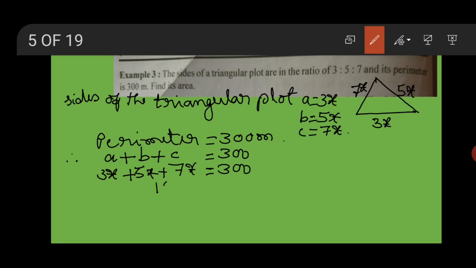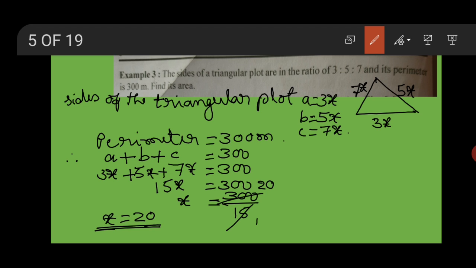So sum of these is 15x is equal to 300. So x is equal to 300 divided by 15. Simplify. x is equal to 20. Now we have to find what is A. A is equal to 3x. So 3 into 20 is equal to 60 meter.